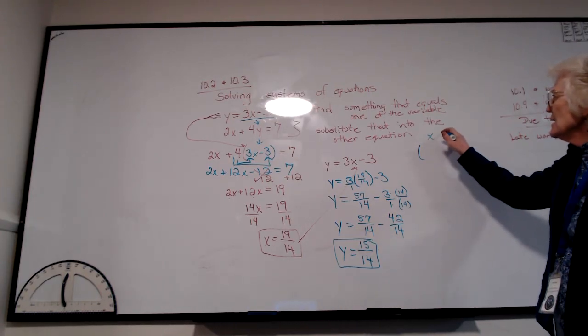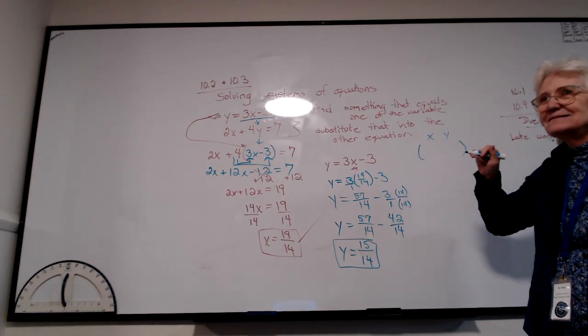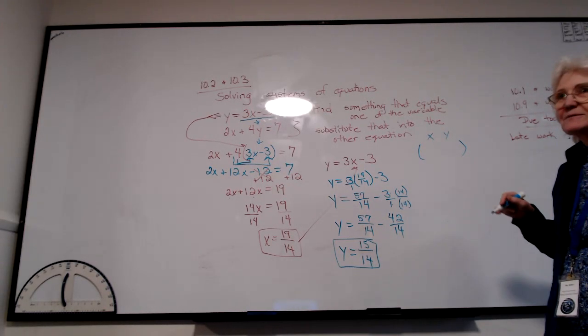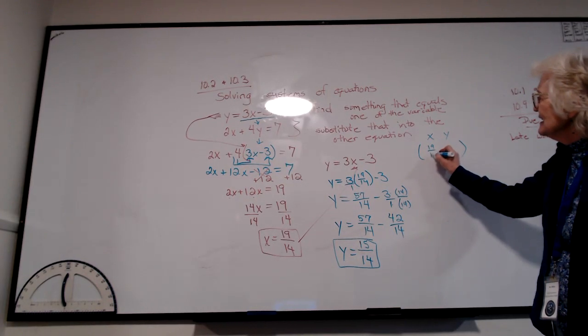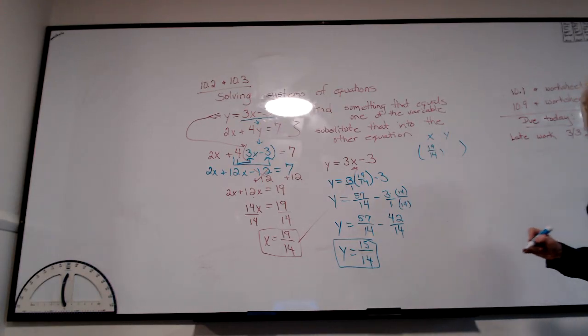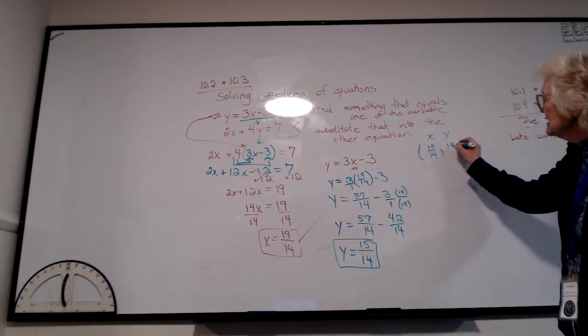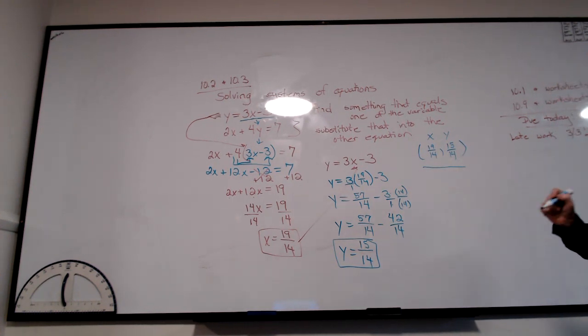X. Then Y. So what is my X? Oh, 19 over 14. What's my Y? Mason? 15 over 14. That is the point of intersection. We just went through it.